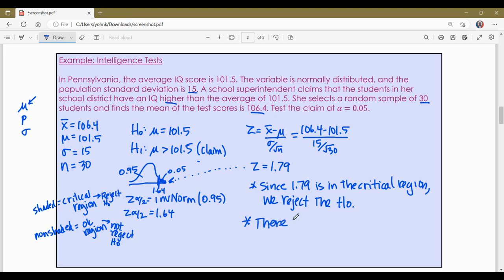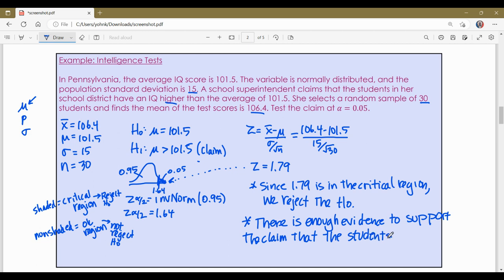So there is enough evidence to support the claim that the students' IQ scores are greater than 101.5.